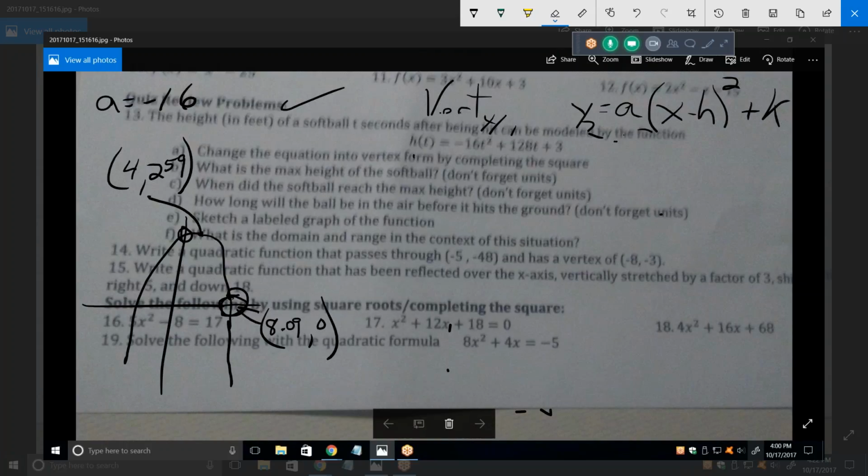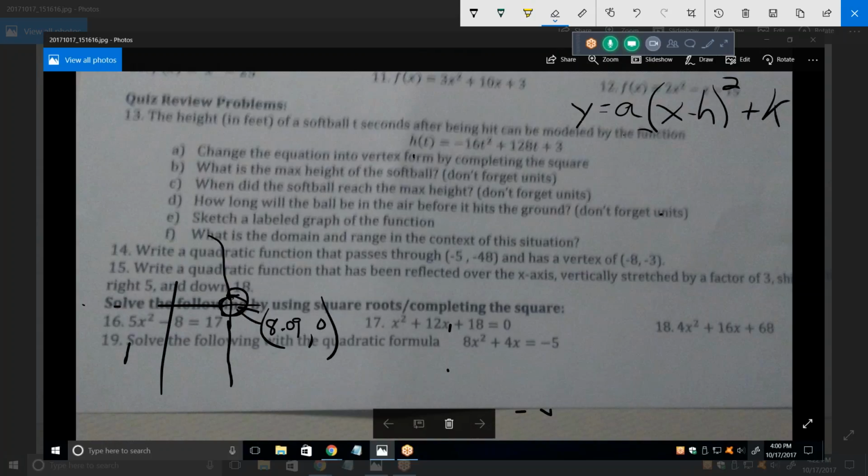So 14 is a completely different problem. 14 wants another function, but we're still going to use vertex format. So it's telling us the vertex. How much of this equation can I write just based on the vertex that it's giving me?